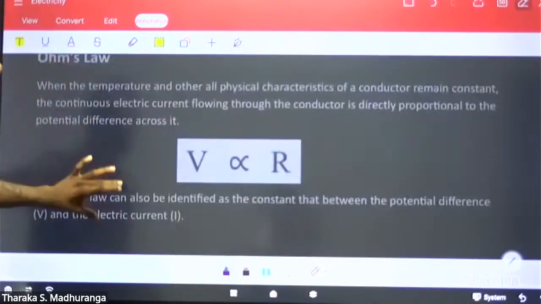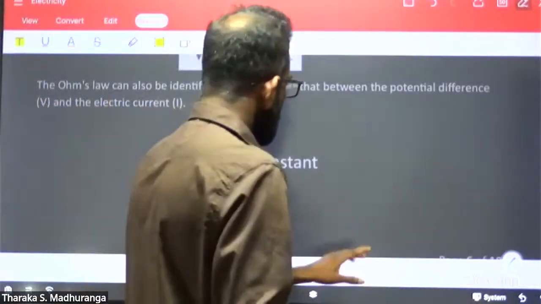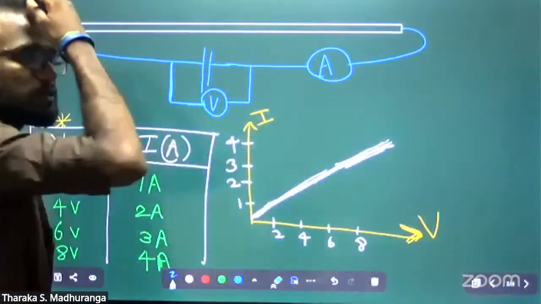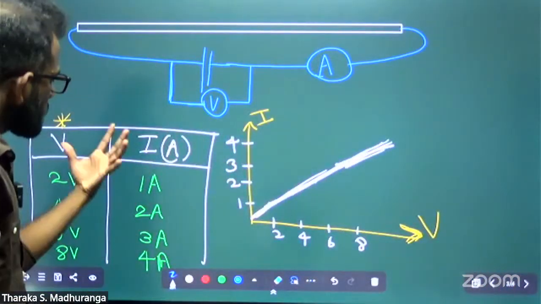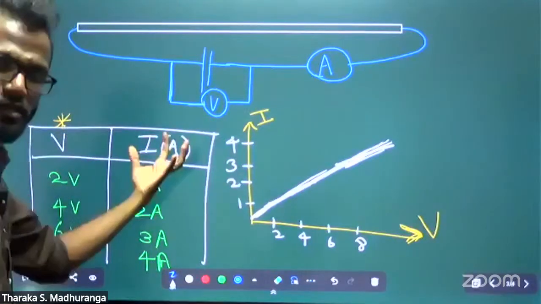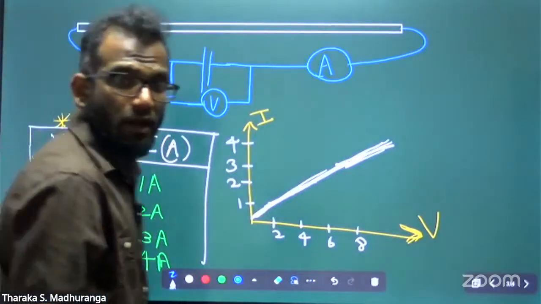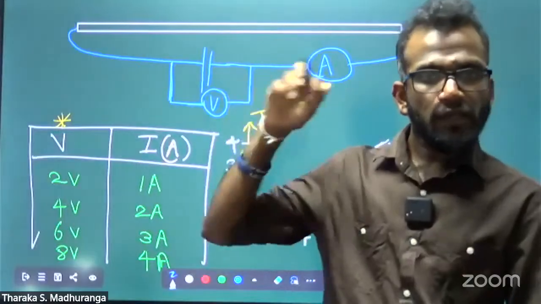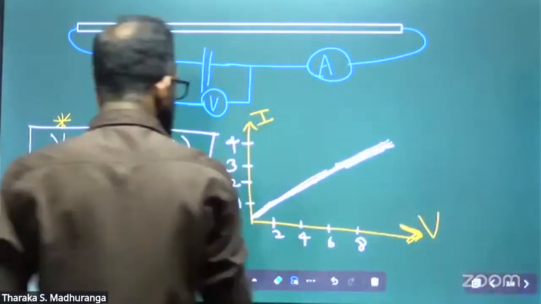Okay, now you can see. Now I think you got the Ohm's law practical. I measured the changing voltage. I measured the current flowing through this circuit conductor. Then I can get an idea.